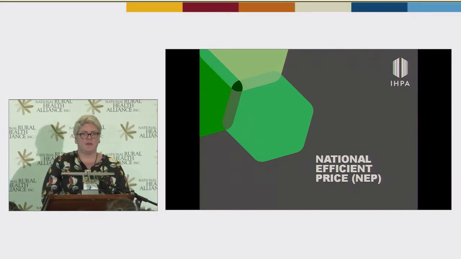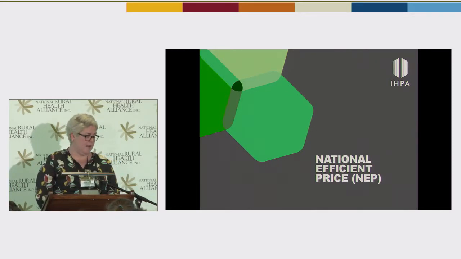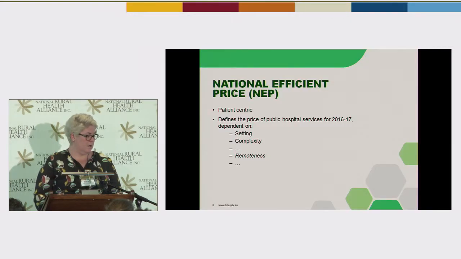Okay, so we'll talk about the National Efficient Price to begin with, which is the method we use to allocate funding to larger metro hospitals, but also larger hospitals in regional areas, be they inner or outer regional. There's also a handful in the remote category. The National Efficient Price is patient-centric. We look at the attributes of a patient, including what setting they were treated in, how complex the services delivered to them were, whether they're Indigenous or not, and how old they are.